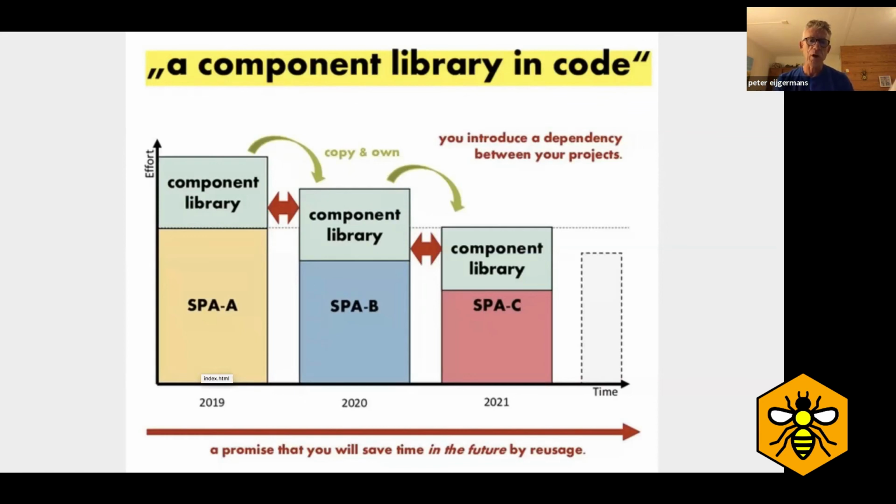You can also choose for one UI component library, but then the disadvantage is that every micro frontend is coupled via the UI component library. But you have the advantage that the styling, etc., is consistent. So you choose for one or the other.